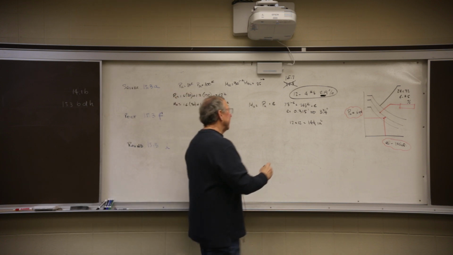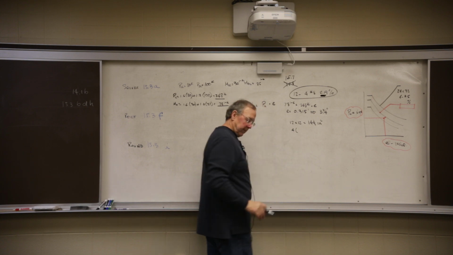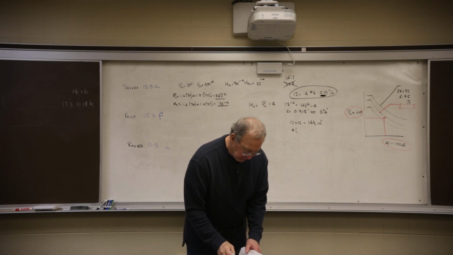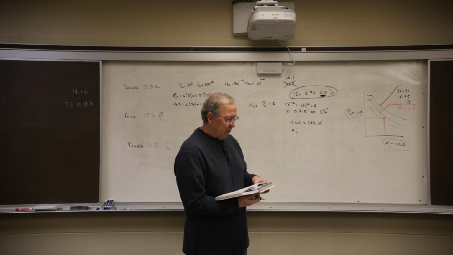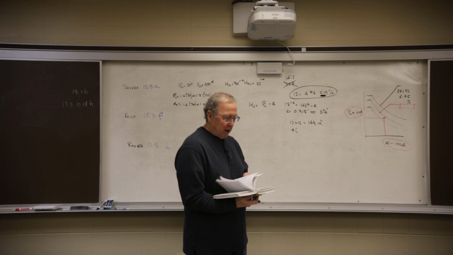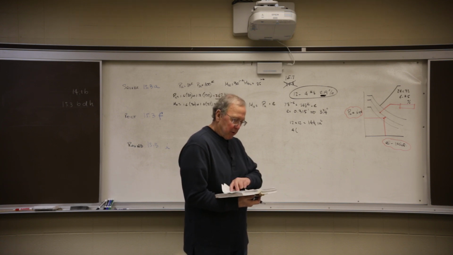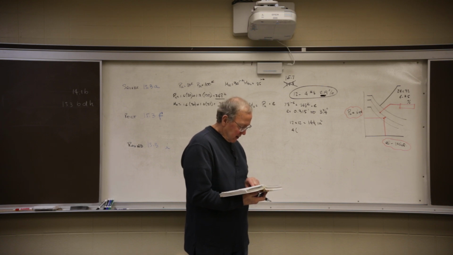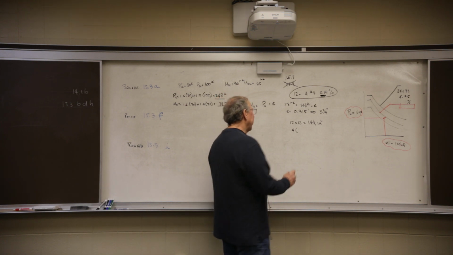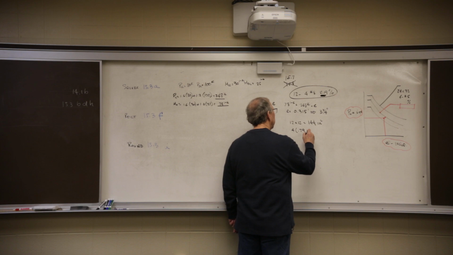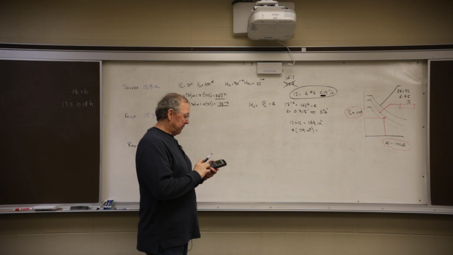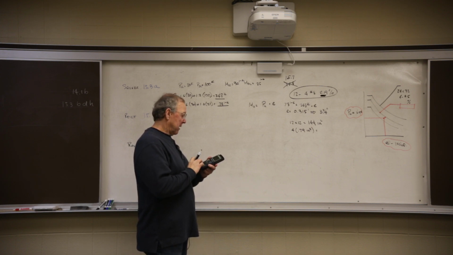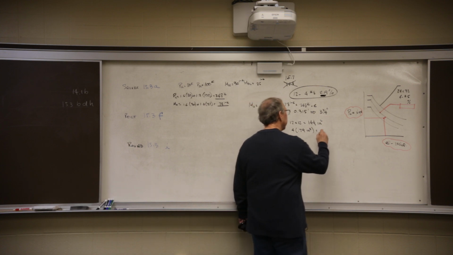If I have 4 number 8s, if you go back to page 416 of your text and look up in that table the area of a number 8 bar, I get 0.79 square inches. So if I've got 4 of them, and each one is 0.79, all I've got to do is take 4 times 0.79, and I get 3.16 square inches of steel.